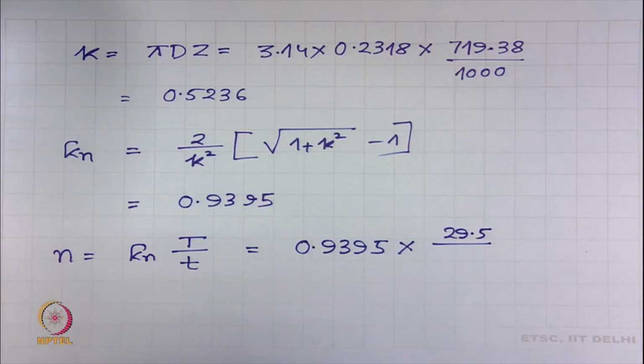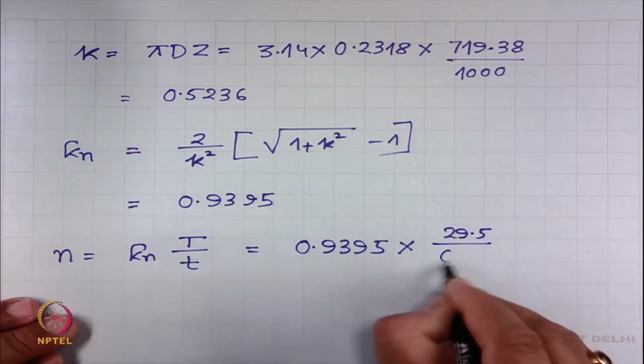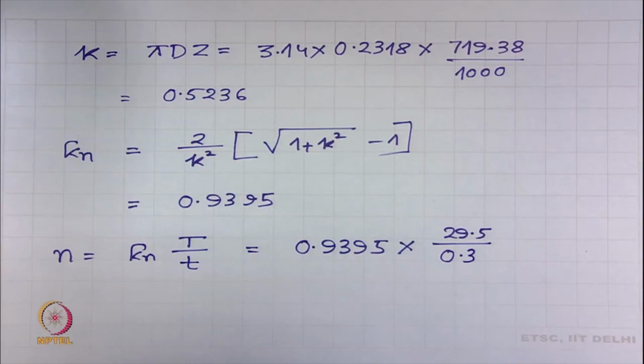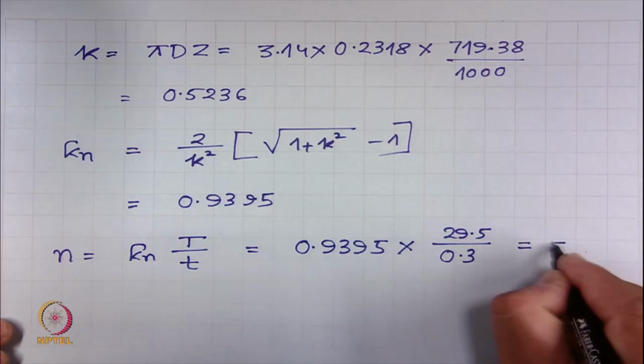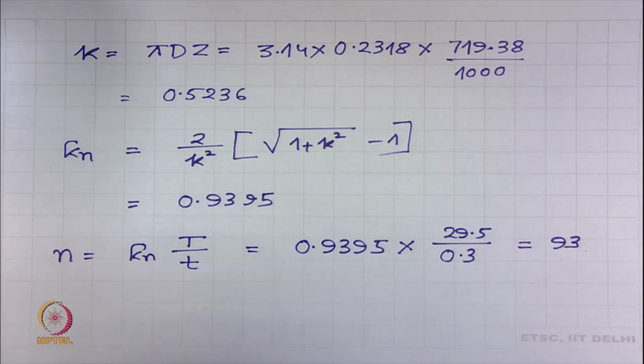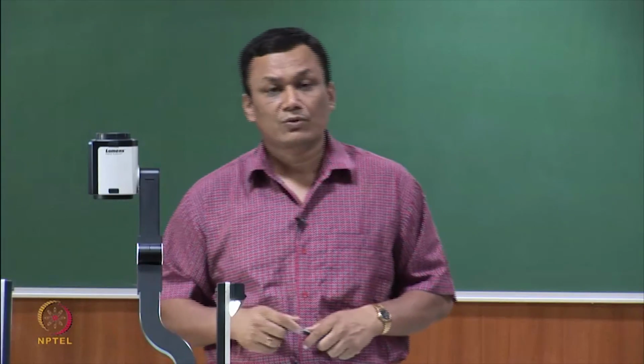And what is your small t? Small t is your 0.3. So, if you solve, how many fibers will you obtain? In this case, it will be approximately equal to 93. Clear? So, this is how you will solve problem number 1.